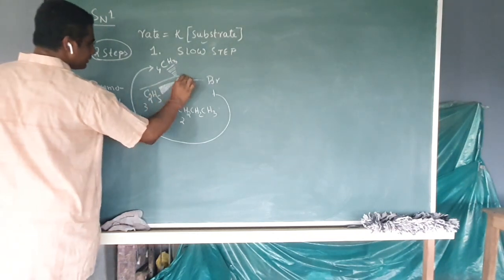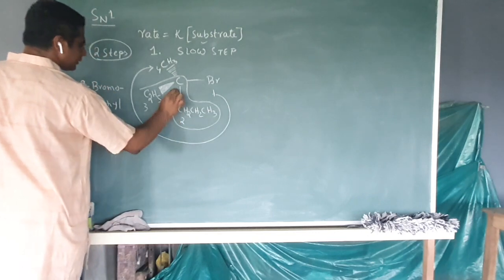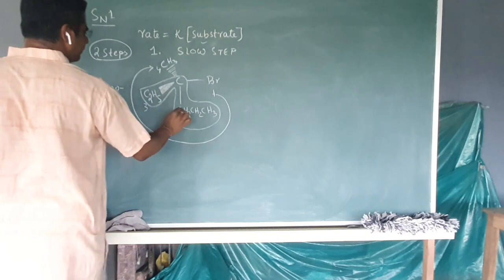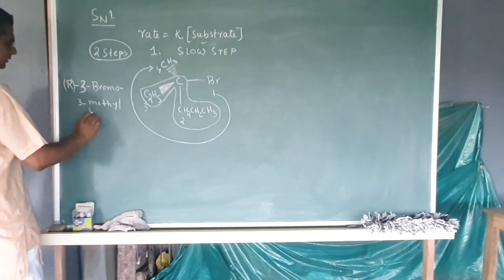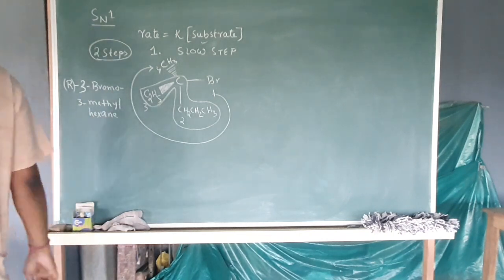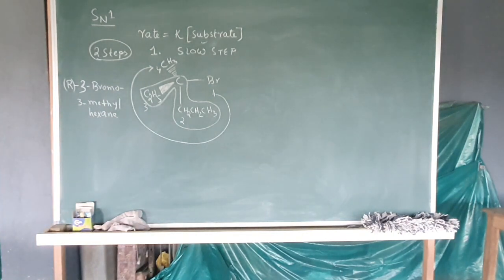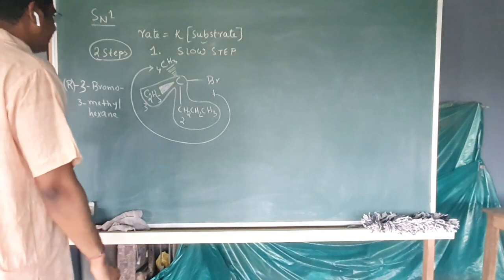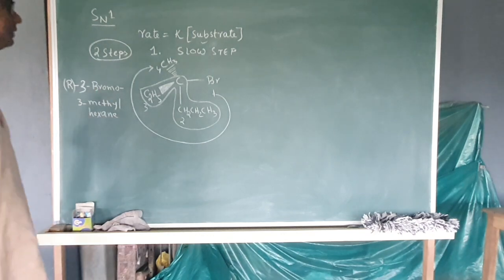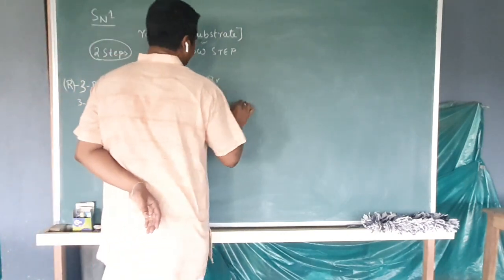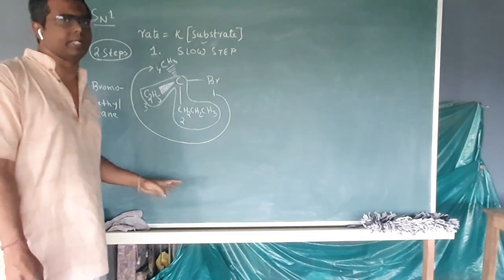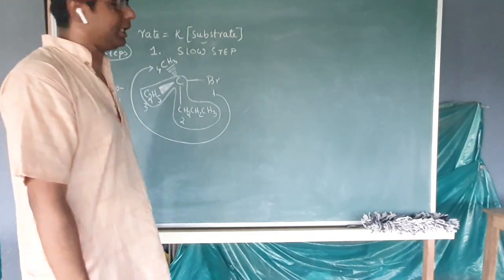This is the longest chain, 1, 2, 3, 4, 5, 6. So this is R type. This is very important. I'll let you know why. I have already given you something on R and S type nomenclature. Please go through that. It's very important in the case of alkyl halides.